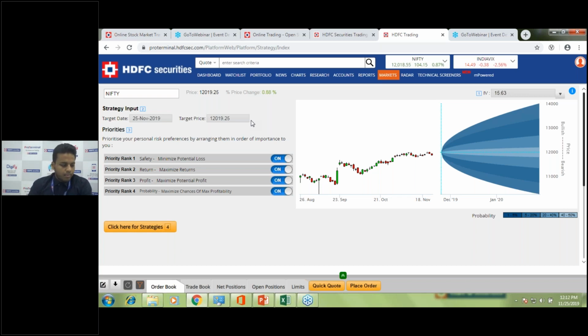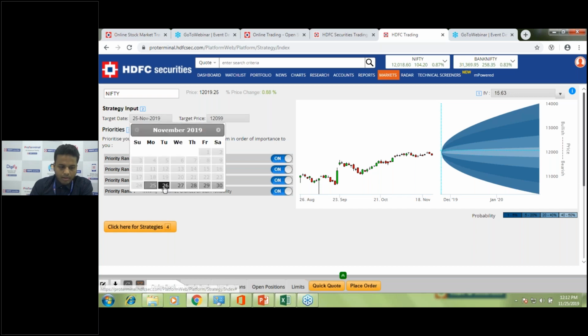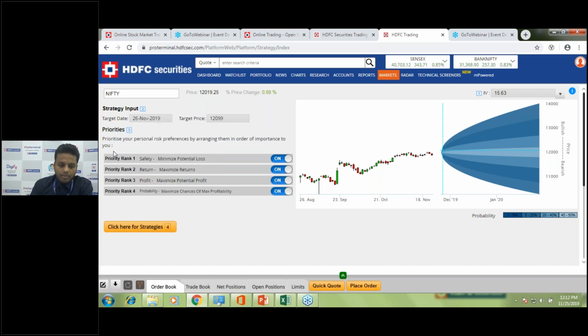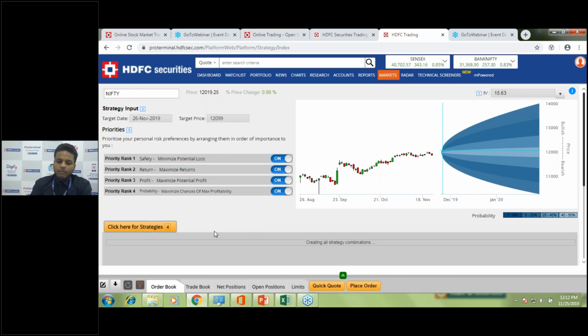Let's suppose I have a bullish view on the Nifty, and I expect the market to move almost 70 points more in the coming one day. I just have to enter the target date and target price, select my priorities, and click here for strategy. It will provide me all the possible combinations for this particular strategy.